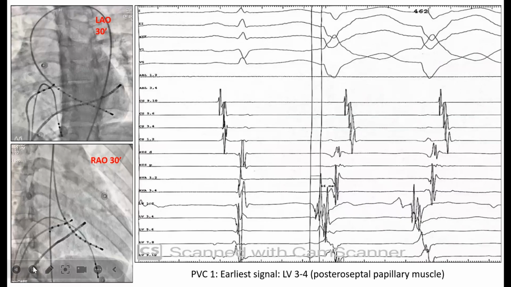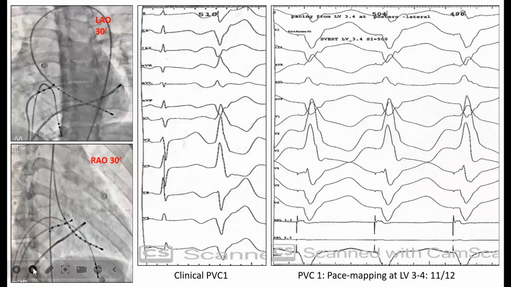Next slide. You get the second beat, and there's a small sharp potential in front. Okay, here you find a spot and you pace map. You said the pace map is good. Your overall axis looks the same, but the QRS is much wider than the clinical PVC, right?